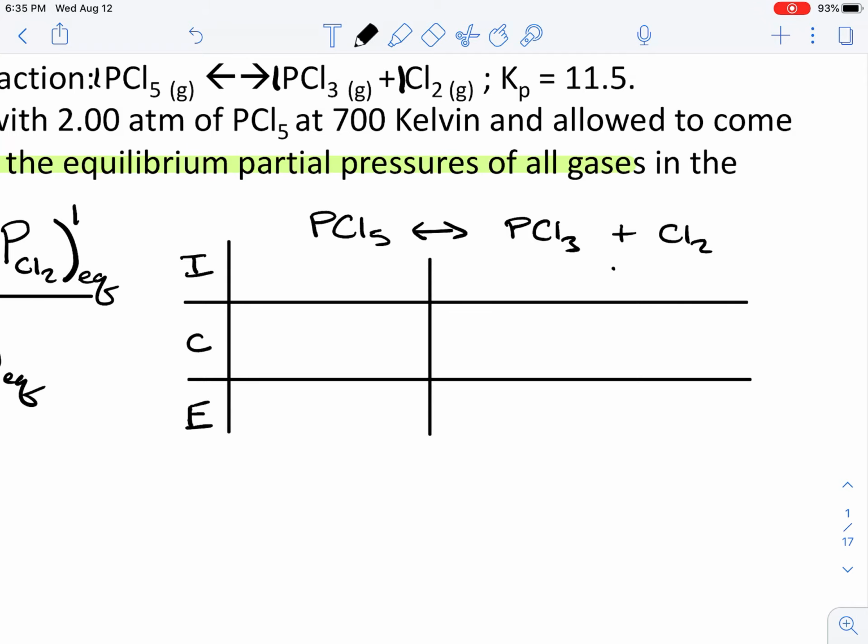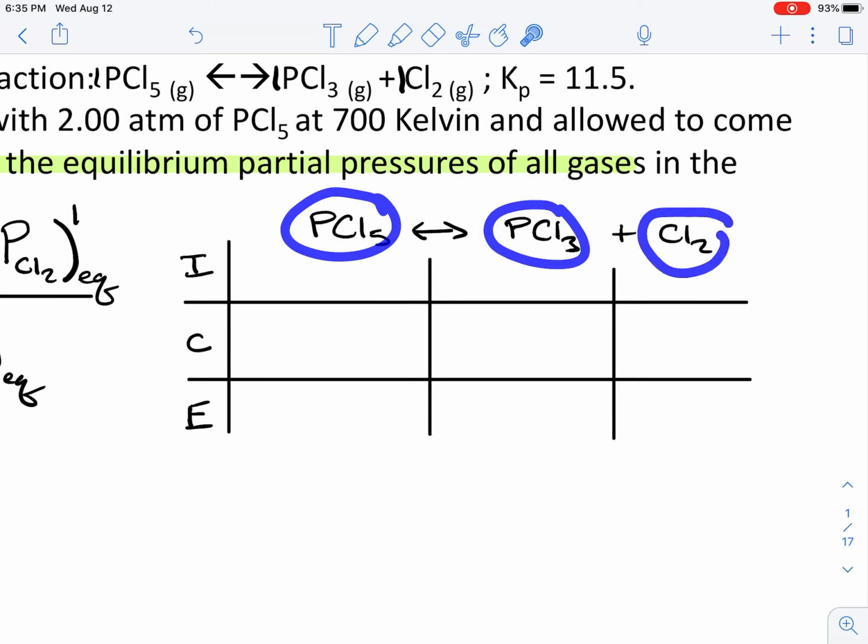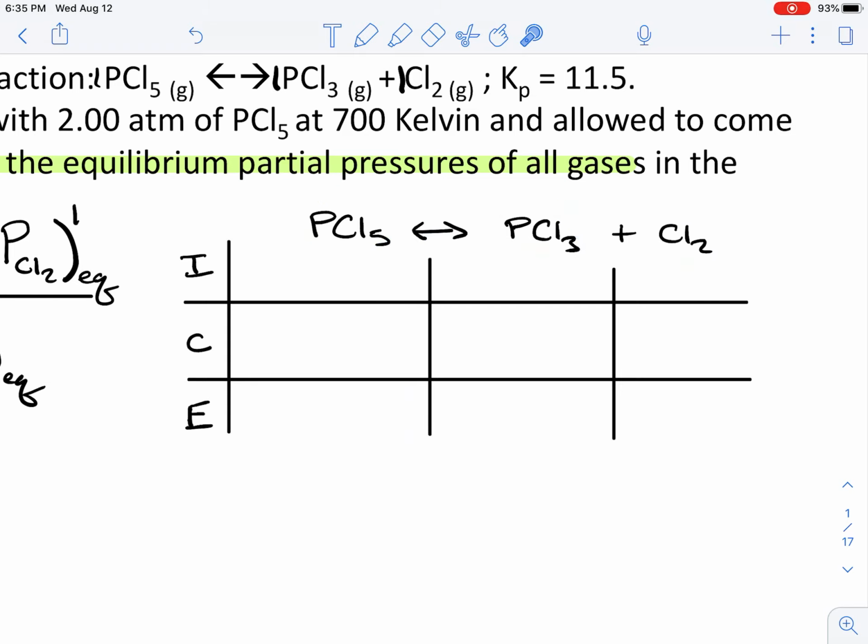I want you guys to notice that I'm creating these lines that separate out these three substances. And so this column is referring to the initial, the change, and the equilibrium concentration for only PCl5, and the list continues.